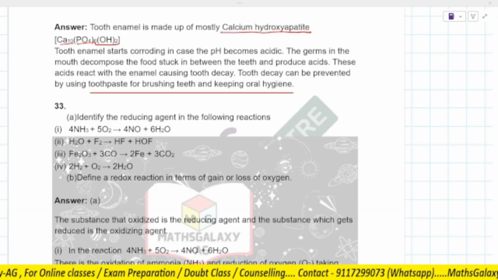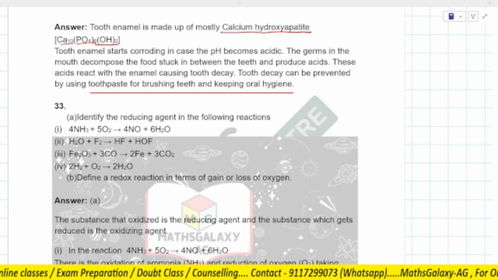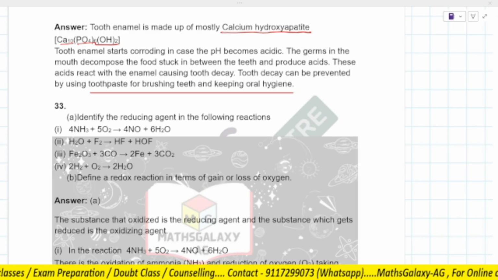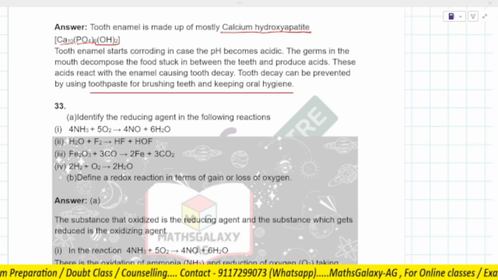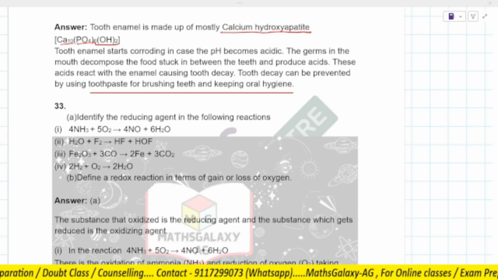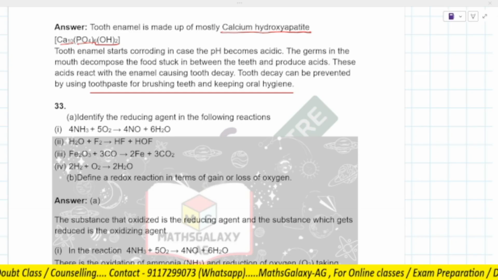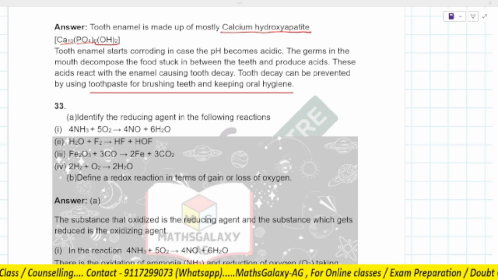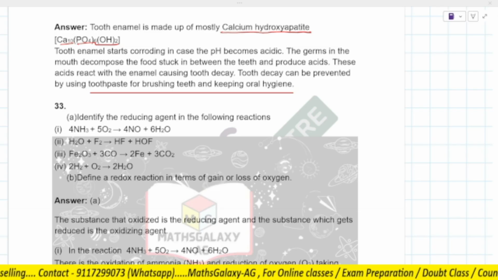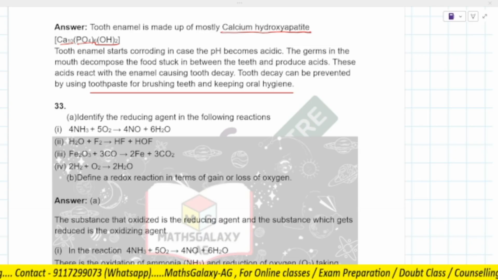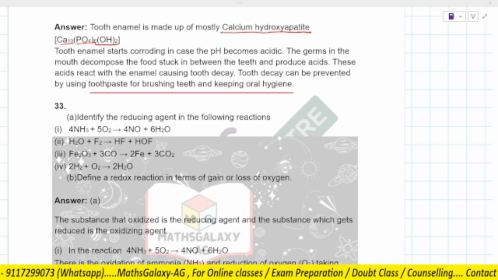Let me tell for this one first. Identify the reducing agent. For the first one, the reducing agent is... 5O2?